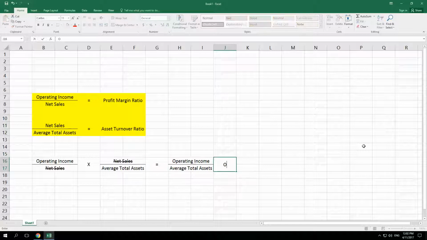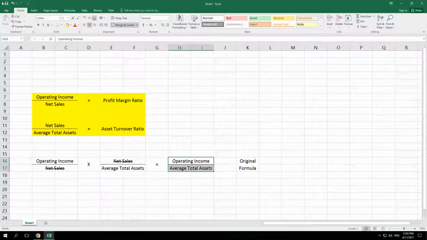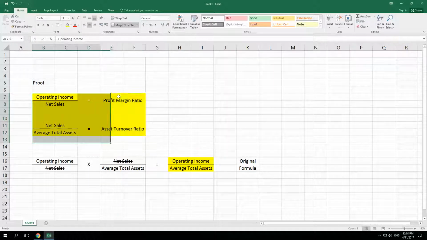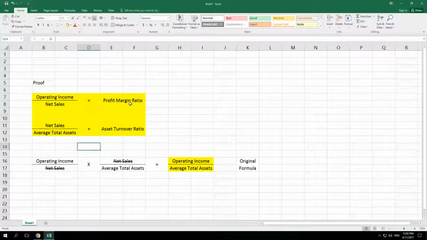This is the original formula from step one, right? This is the proof. This is how we can prove it, because you got those two formulas. So really all you have to do is take your profit margin ratio and multiply it by your asset turnover ratio.